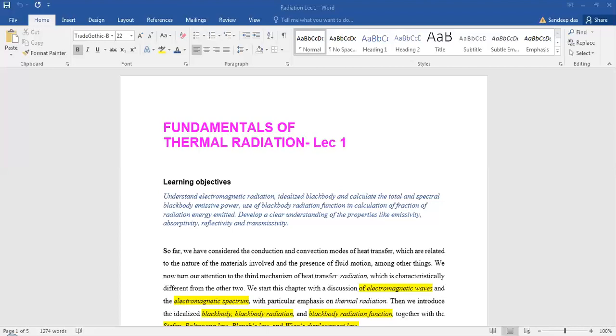Heat transfer by radiation takes place by electromagnetic waves. Now, what are electromagnetic waves? As we all know, when a certain molecule changes its electronic configuration, that is, it comes from a higher energy level to a lower energy level, then it emits a certain photon of energy.